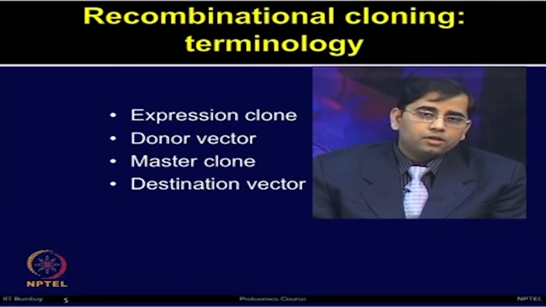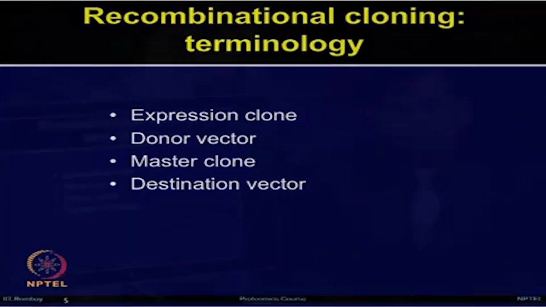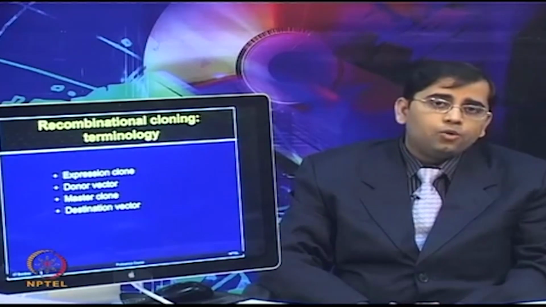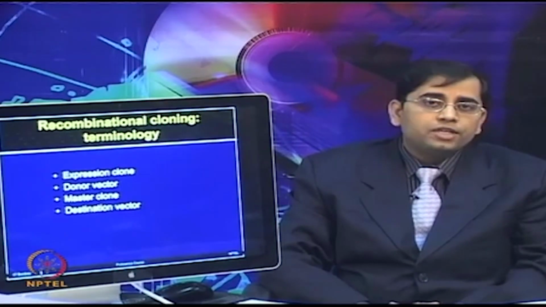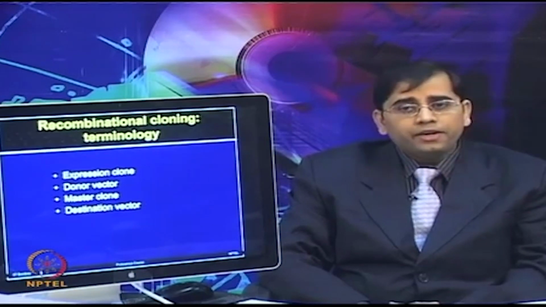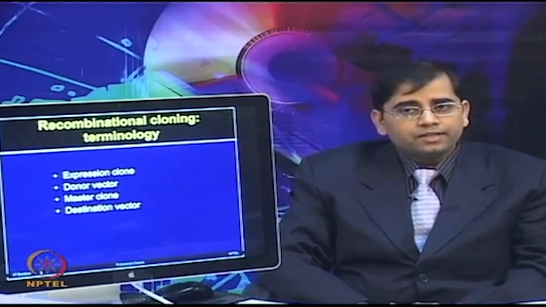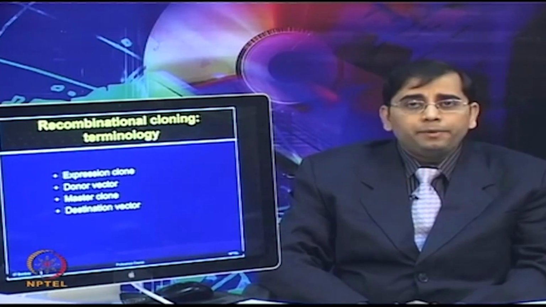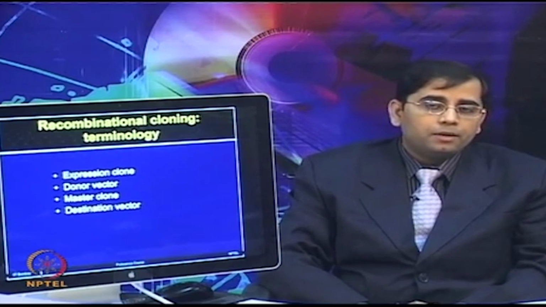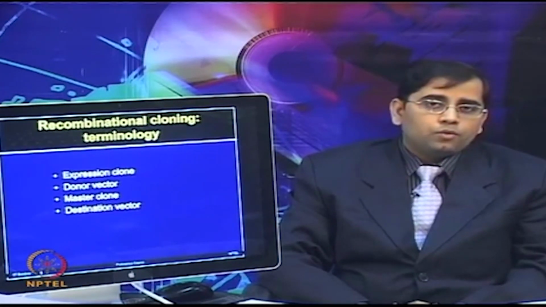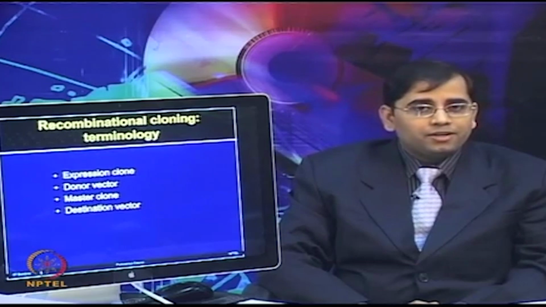Now, let us talk about the donor vector. The donor vector consists of a counter-selectable gene which is flanked by attP sites, which recombine with the gene of interest flanked by attB sites in the BP reaction to produce a master or entry clone. What is the BP reaction? What is a master or entry clone?